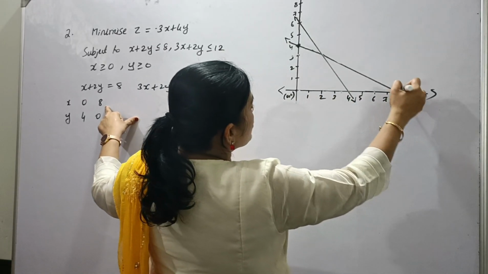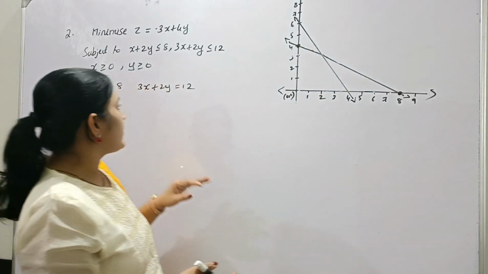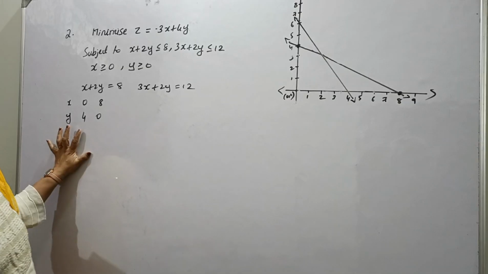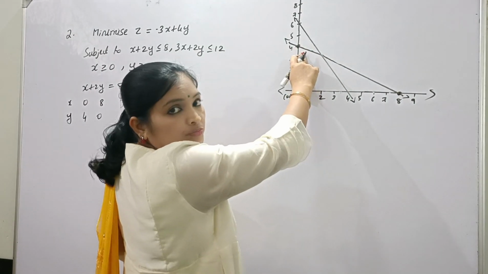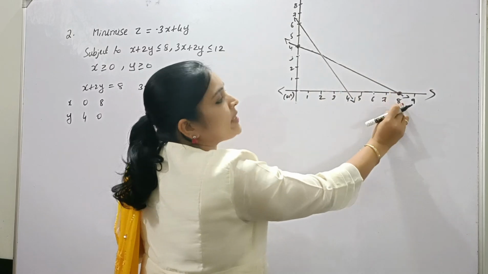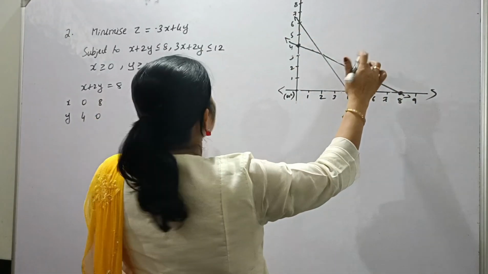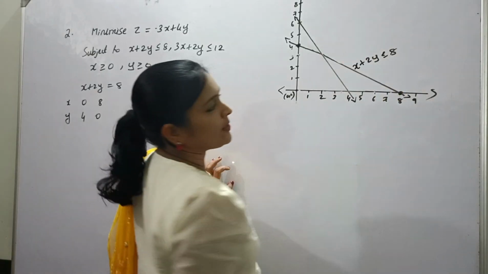It is the point. So first of all plot the points. For plotting the points we have to find the x and y values. So here 0, 4 and 8, 0. Join these points. So it is the line x plus 2y less than or equal to 8.